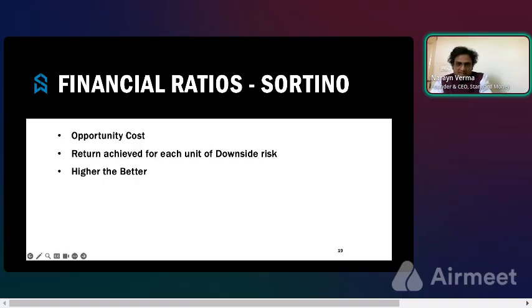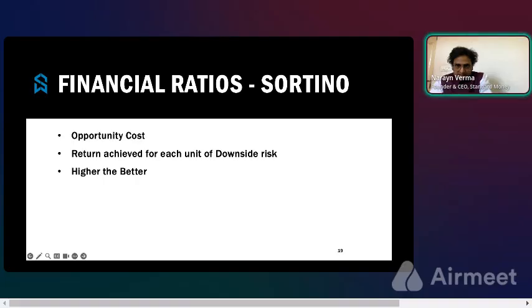So they eliminated the positive movements and only took the negative side of the portfolio movement, and then they used that number to judge how much excess return the portfolio is generating for every negative movement.